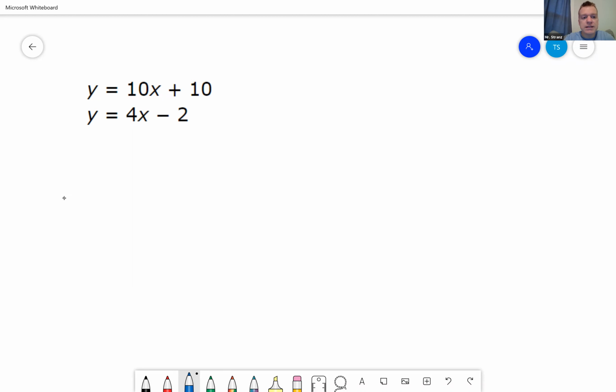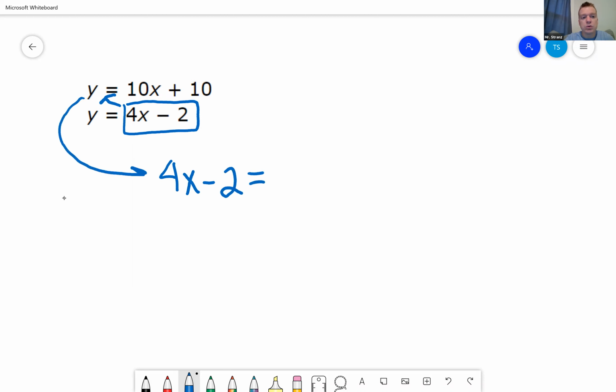I'm going to take this, 4x minus 2, and substitute it in for y, because it's telling me that y equals this, so therefore I'm going to write 4x minus 2, which is y, because they told me y equals that. So 4x minus 2 equals 10x plus 10. Okay, and now I can solve it to find out what x is going to be.